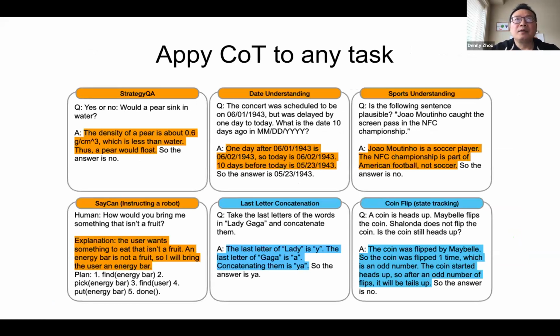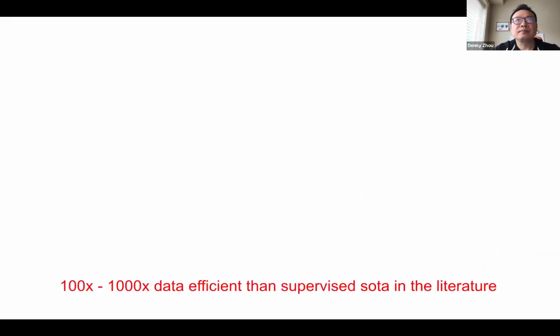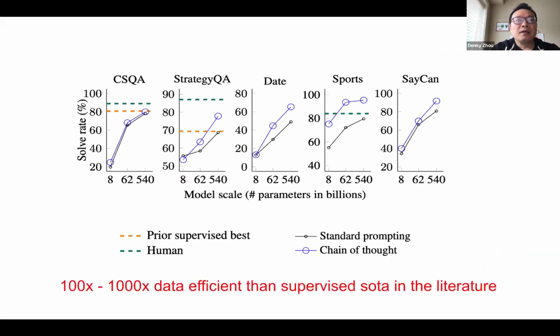It's not surprising that we can apply CoT to any task, like StrategyQA, date understanding, sports understanding, all those tasks. We just need to add examples and explanations or rationales. From empirical studies, we can show that chain of thought prompting can be on par with SOTA results in the literature.